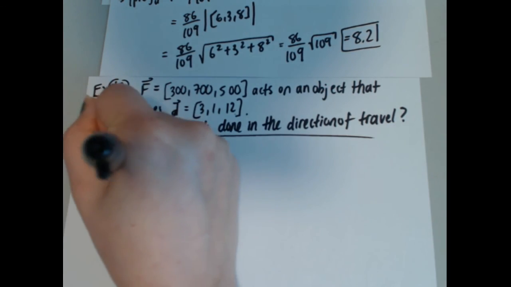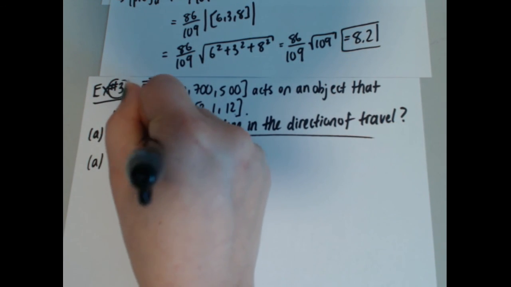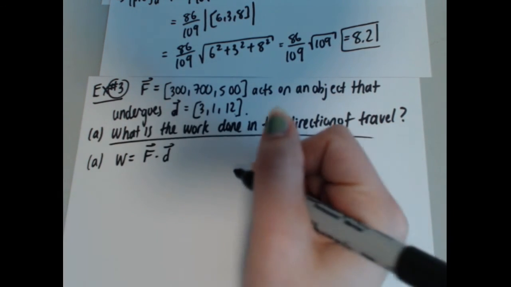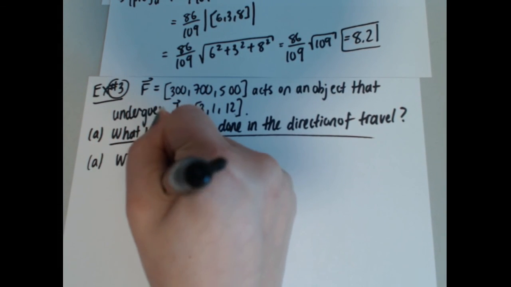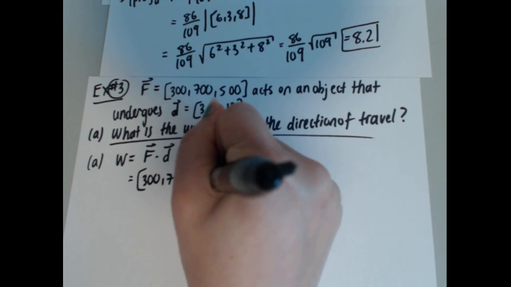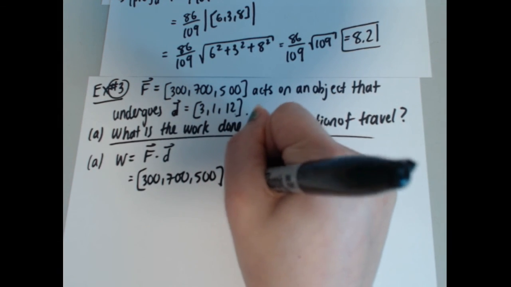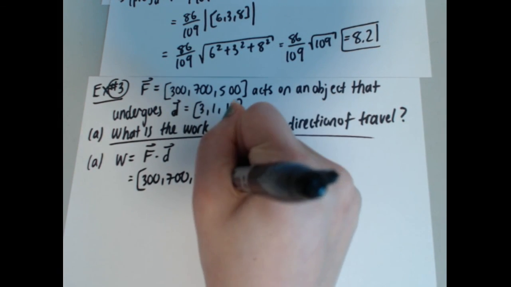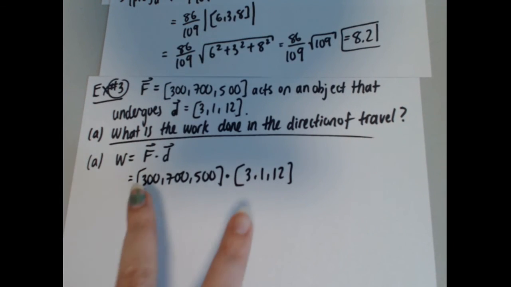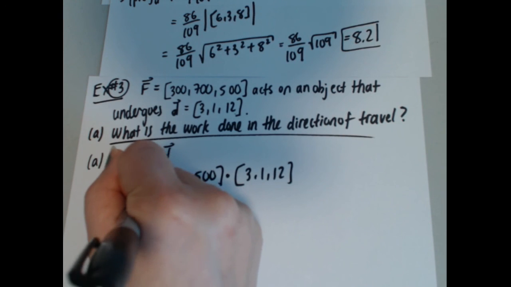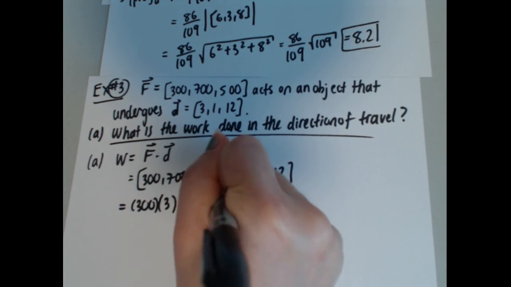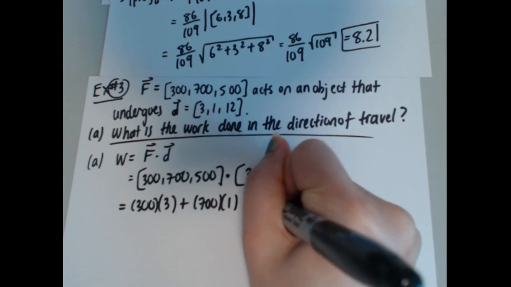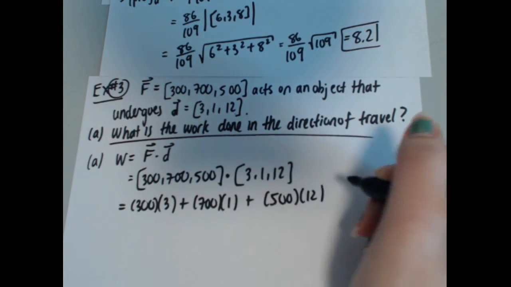For part A, work is equal to F dot D. So 300, 700, 500 dotted with 3, 1, 12. We know how to take the dot product: take the sum of the products of each dimension. So that's 300 times 3 plus 700 times 1 plus 500 times 12.